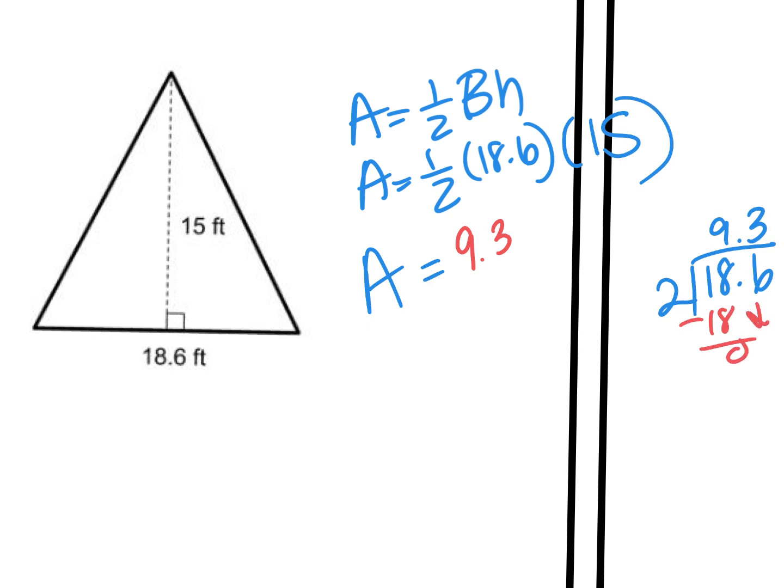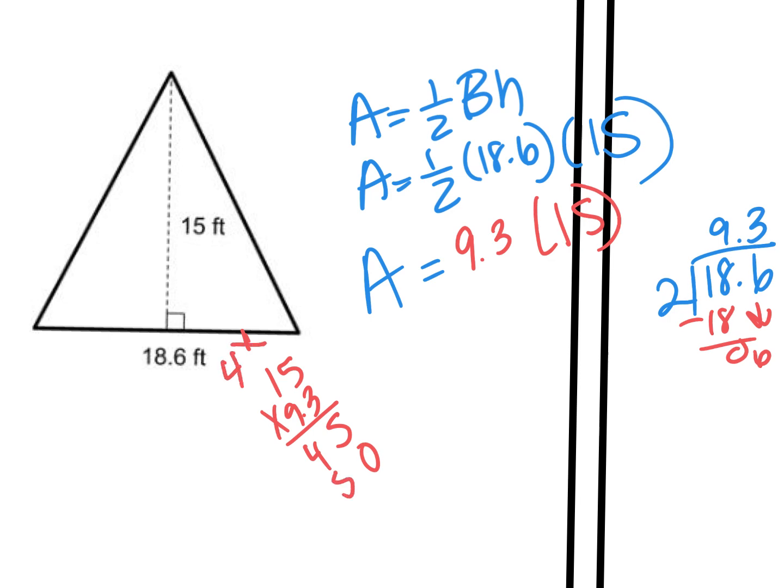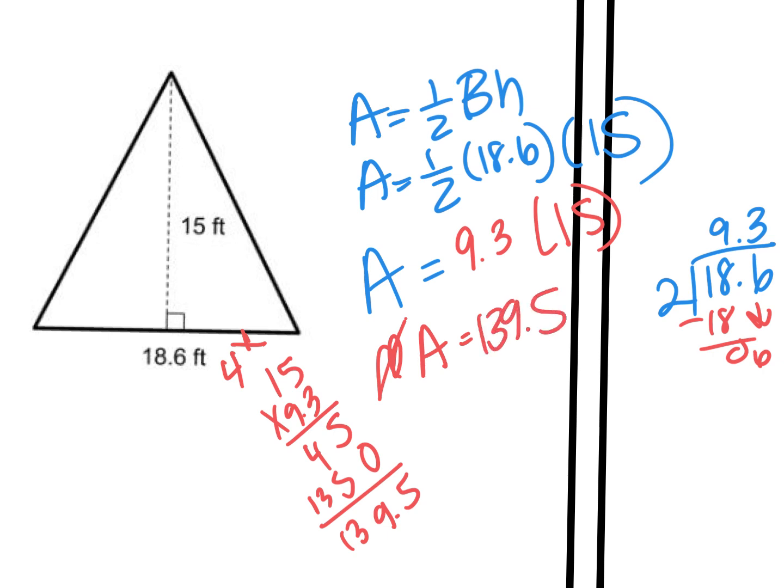And I did that all by just doing this division here. 9.3 times 15. So that's 15, that's 4, 45. 9 times 1 is 9, plus 4 is 13. So my answer on this one is 139 5/10 feet squared.